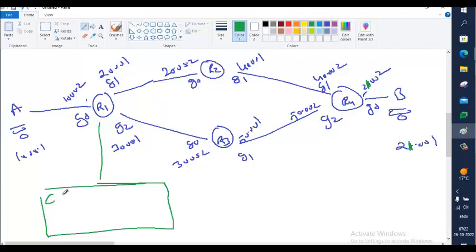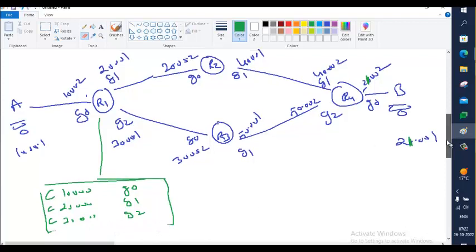It will have 10 connected on G0, 20 on G1, and 30 connected on G2. Why will I not have 50 and 40 and 21? Only directly connected networks are there, so for those other destinations the router doesn't know where to forward the packet.